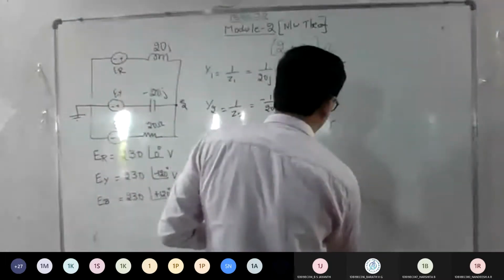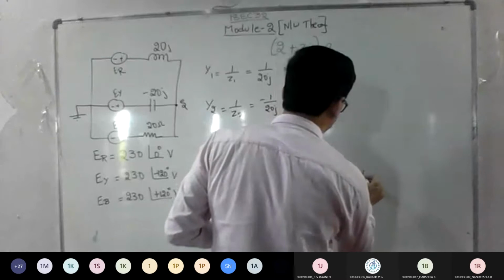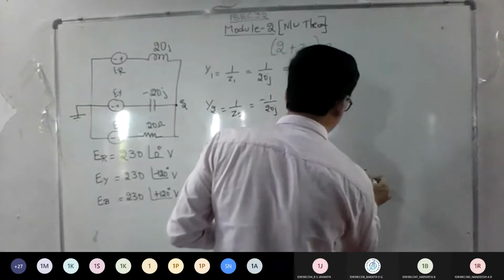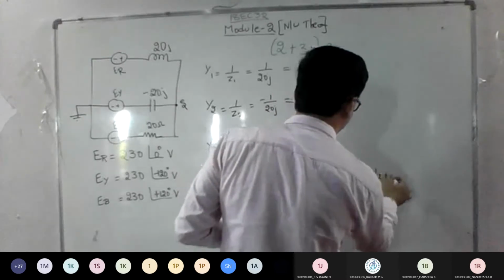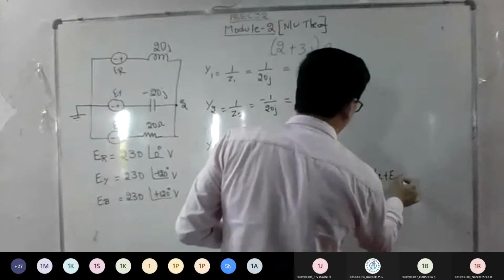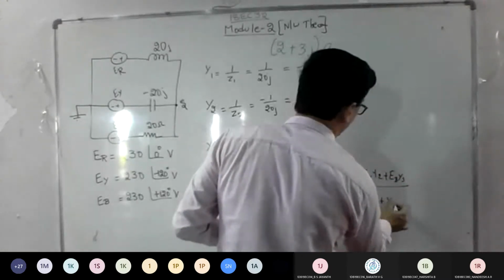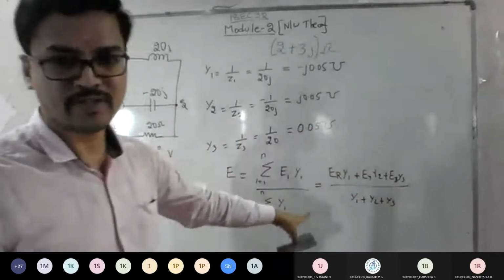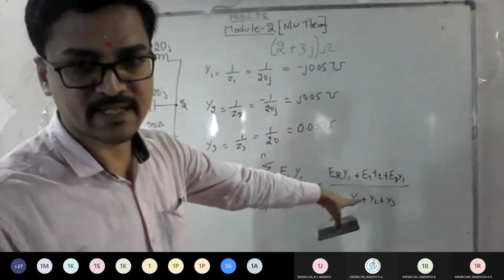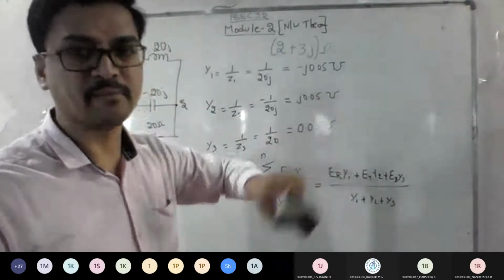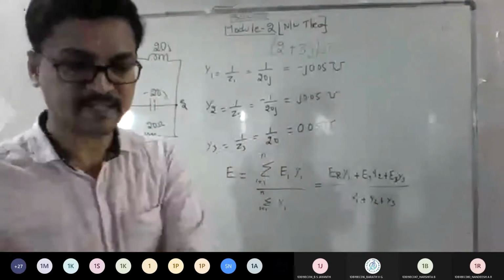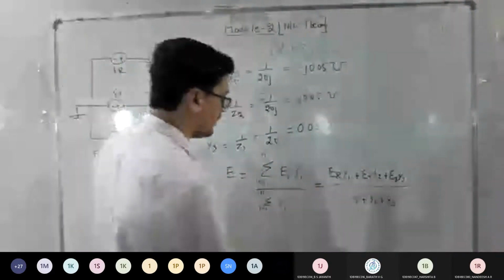So it's ER Y1 plus EY Y2 plus EB Y3, whole divided by Y1 plus Y2 plus Y3. See, after writing the formula, you're supposed to extend the formula, then substitute the values. So don't directly write the answers, everyone. Then substitute the values.